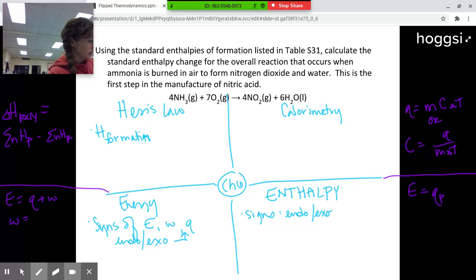What else do we have? I think that might be all the really major equations.